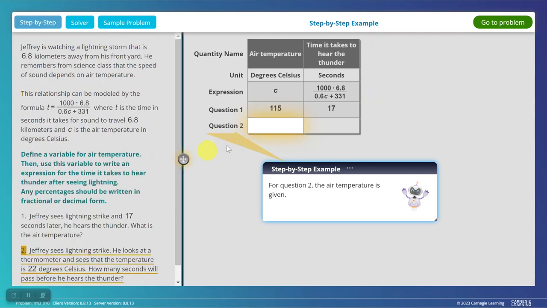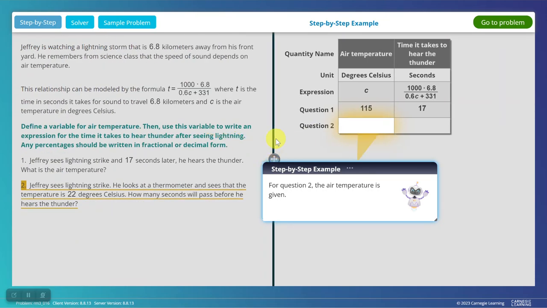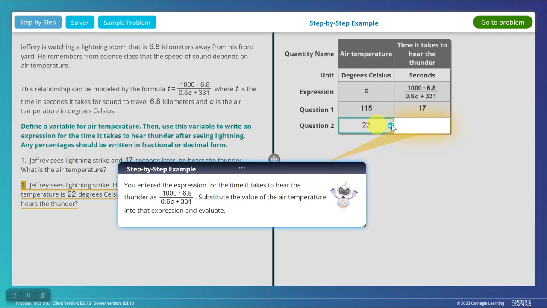Okay, question 2. Jeffrey sees lightning strike. He looks at the thermometer to see that the temperature is 22°C. How many seconds will pass? So this time they're giving us the temperature, so we're going to put in 22. And then here, I'm going to do 1,000 times 6.8 divided by 0.6 times 22 plus 331.